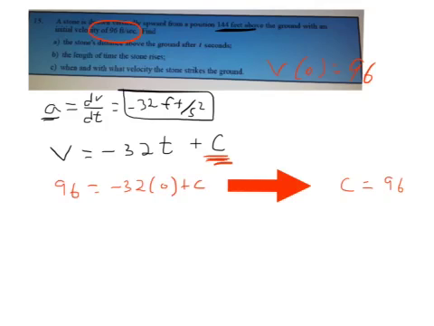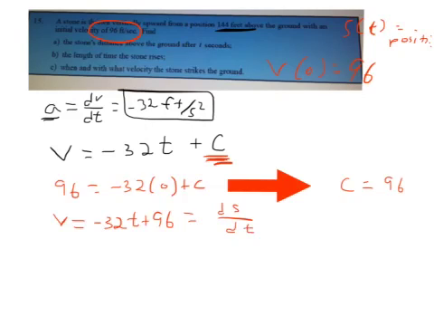So then we get an expression for v. We get v equals negative 32t plus 96. Well, if we say that s of t is position, v, our velocity, is the derivative of our position.